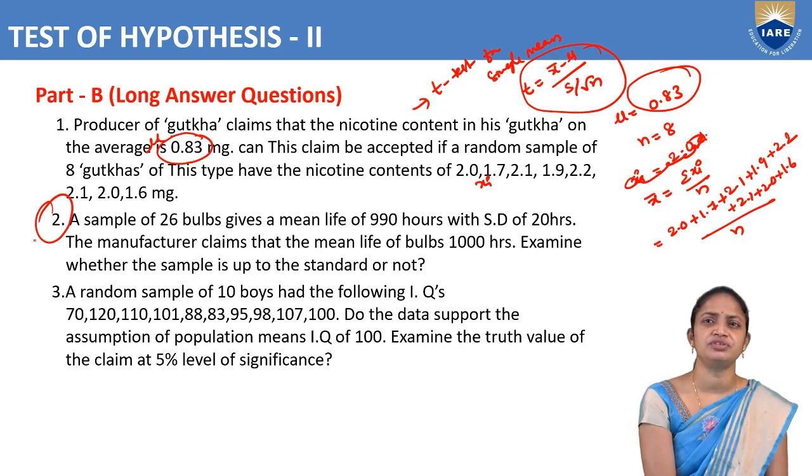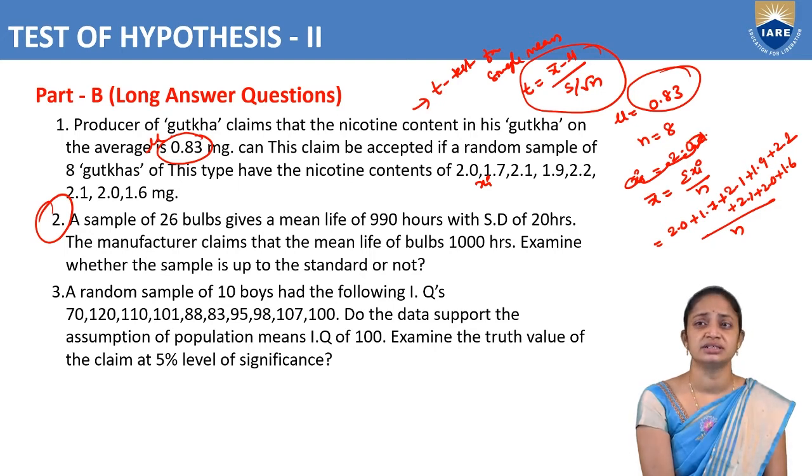A sample of 26 bulbs gives a mean life of 990 hours with standard deviation of 20 hours. The manufacturer claims that the mean life of bulbs is 1000 hours. Examine whether the sample is up to the standard or not.